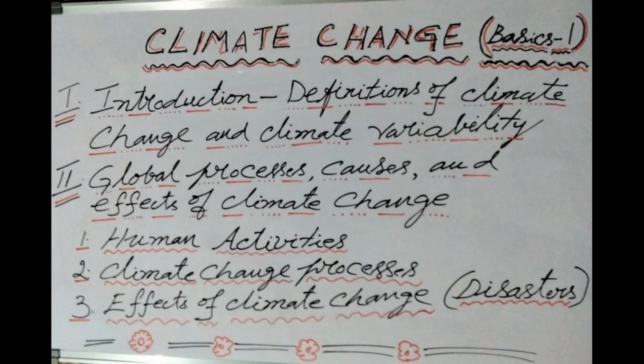The simplest explanation for climate change and variability is this: today morning you got up at around 6 o'clock. Then presume that you have completed all your studies and breakfast by, say, 7 a.m. At 6 o'clock the temperature may have been 20.1, humidity may have been 85%.